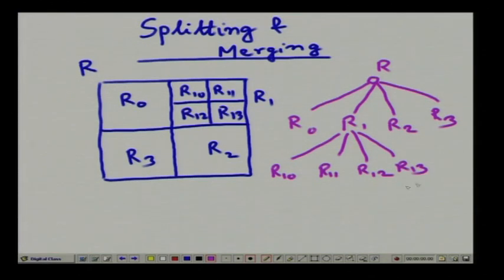Once such partitioning is complete, you check all the adjacent partitions to see if they are similar. If they are similar, you merge them together to form a bigger segment. So, this is the concept of the splitting and merging technique for segmentation.